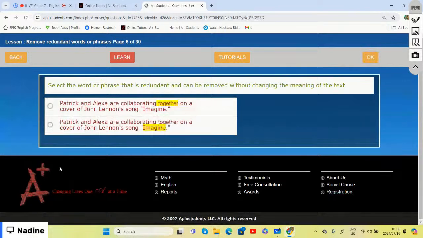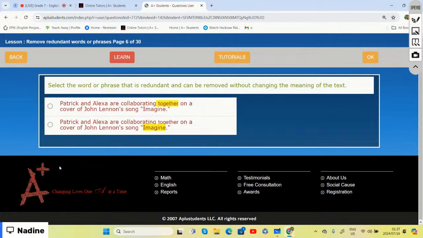Patrick and Alexa are collaborating together on a cover of John Lennon's song Imagine. So is it together or imagine?